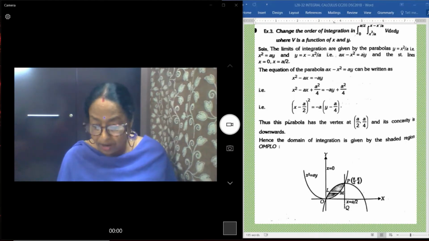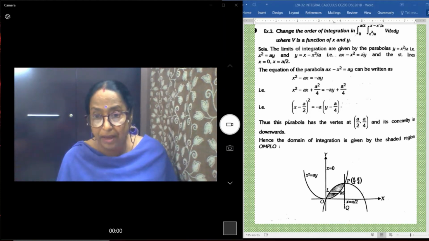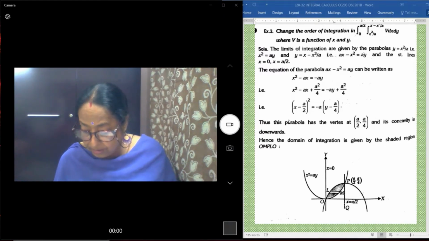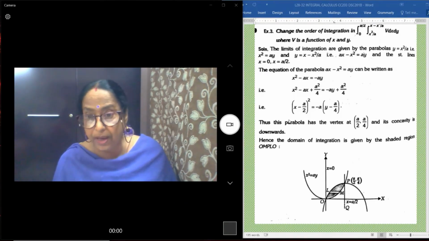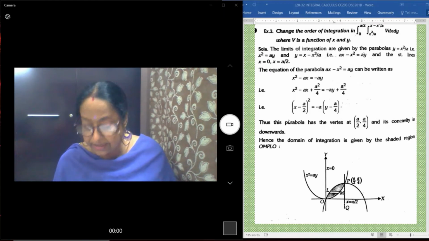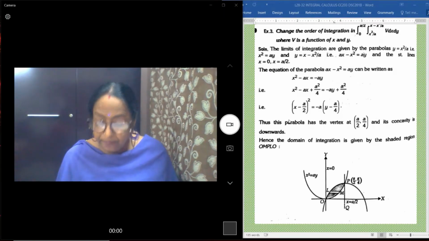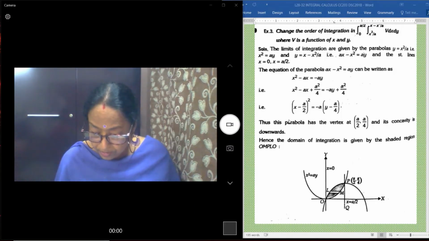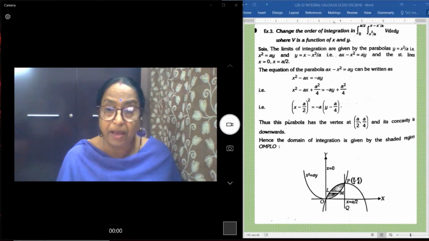From this we get the x of the second parabola, and the x of the first parabola, from x square is equal to ay, is x equal to root of ay, and y varies from 0 to a by 4.